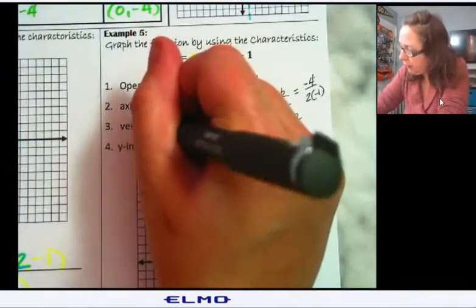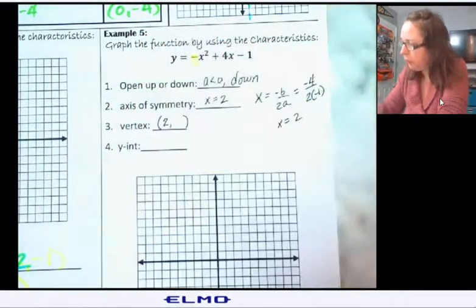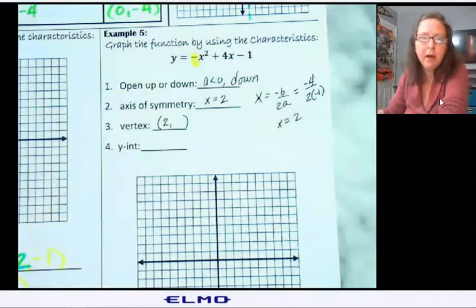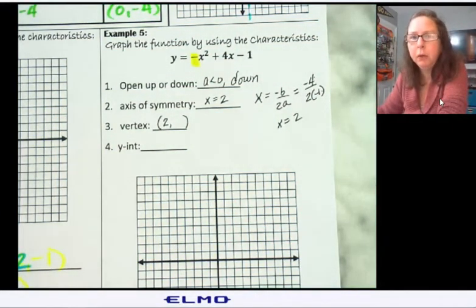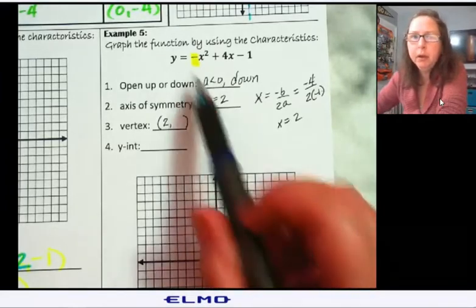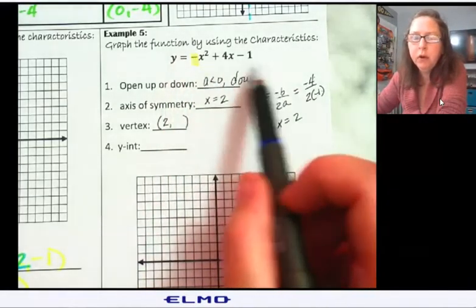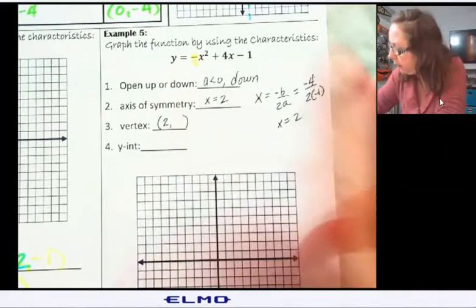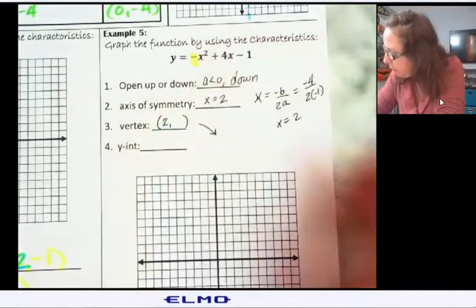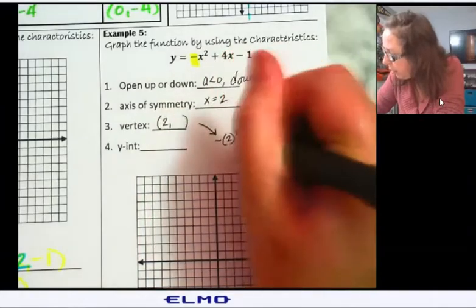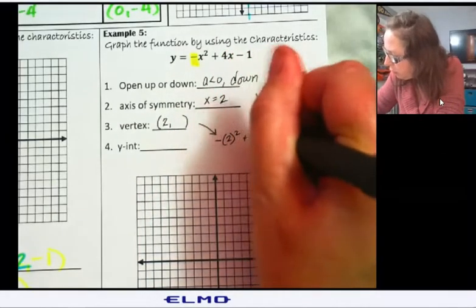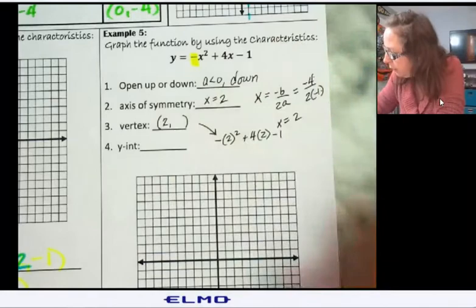Now for the vertex, I'm going to use that 2, and I just got to find the y value now, okay? So for the y value, I'm going to plug 2 into this quadratic equation and simplify it. So I've got -2 squared plus 4 times 2 minus 1.